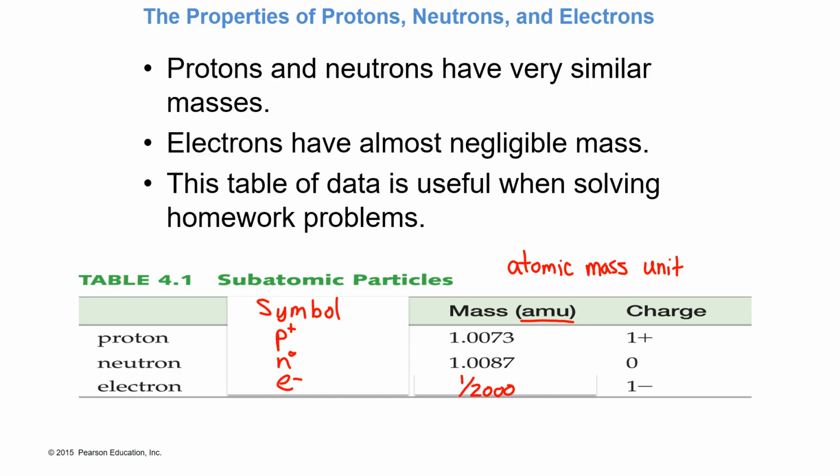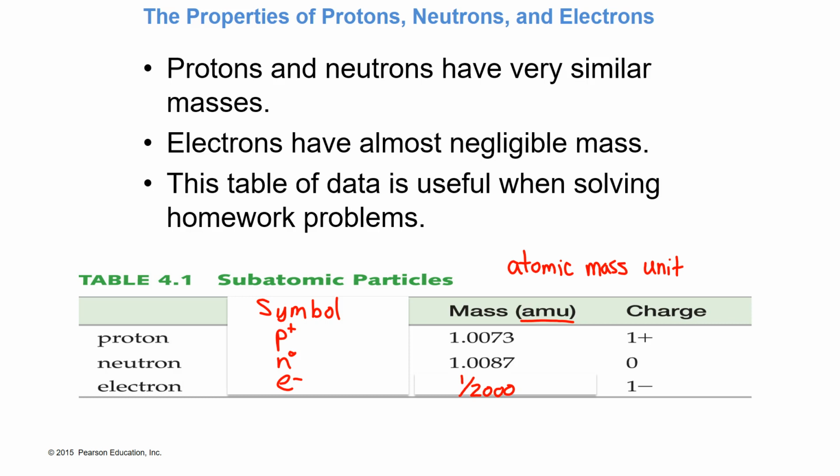All right. Now, the electron's mass is essentially 1/2000th of the mass of a proton or a neutron. I think the number comes up to be like 0.001986, and we just average it to the 2000s place.